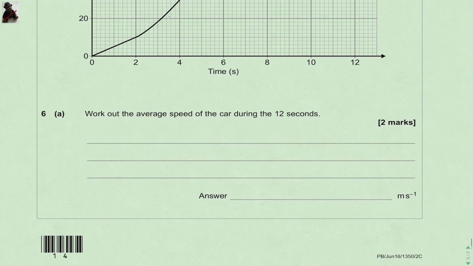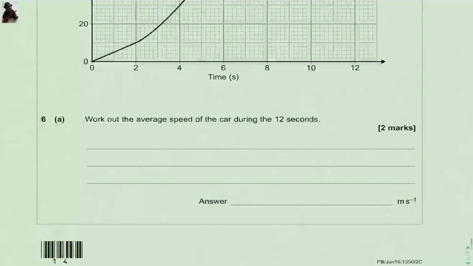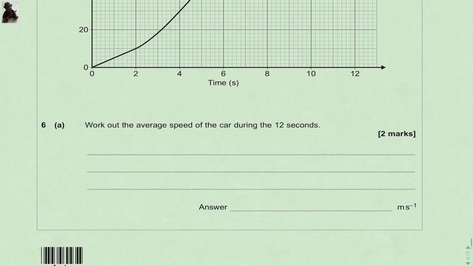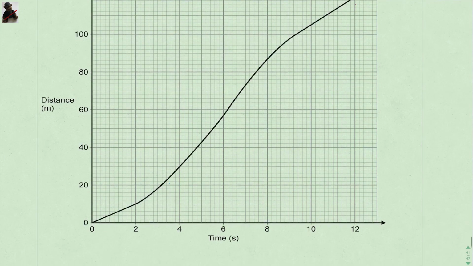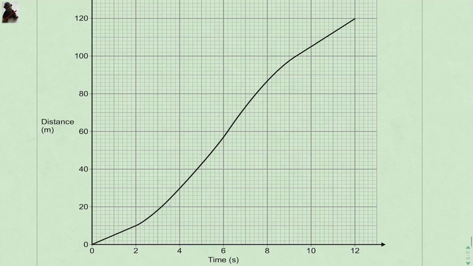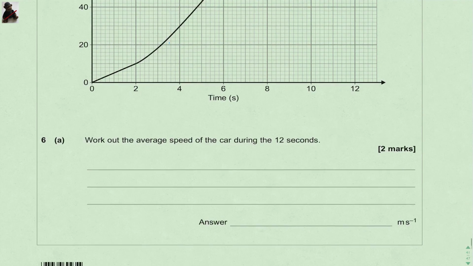So we need to work out the average speed of the car during the 12 seconds. That means we need to work out the total distance travelled. The average speed is the total distance travelled over the total time taken. So let's just write that down.